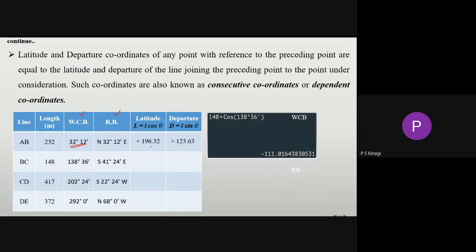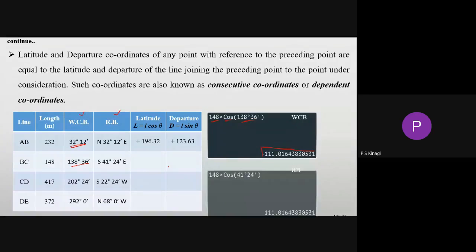Coming to the second one, as I told, if you are using the WCB, theta value is in WCB, this is the length, this is cos of theta, theta in WCB. In that condition, our calculator will show the sign convention.